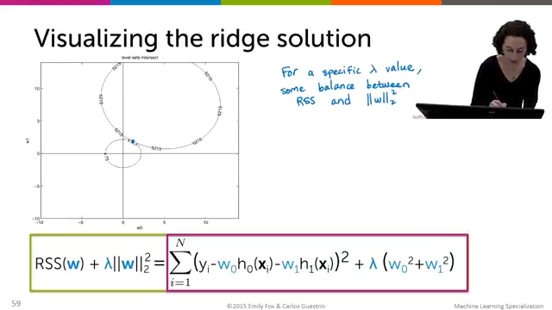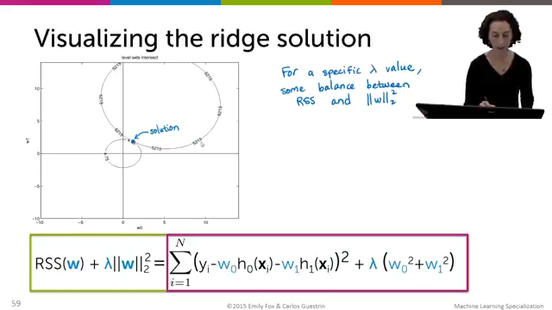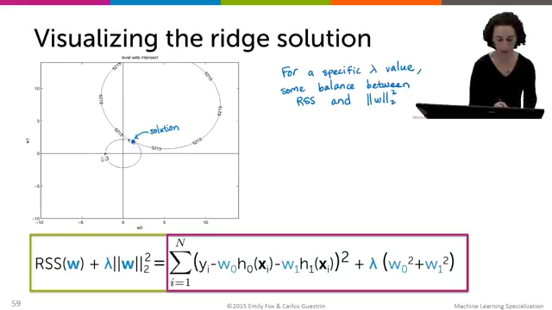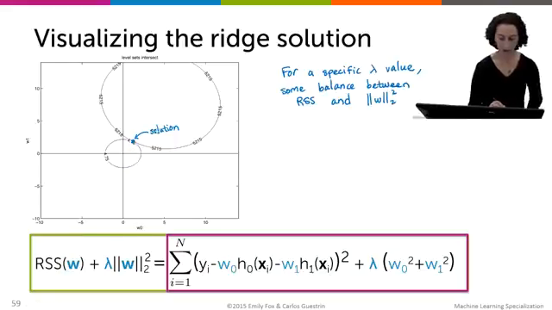And specifically in this plot, this is our solution. It has some RSS that happens to be 5,215. That's what the number on this contour is indicating. And it has some 2 norm, which has value 4.75. And so this lambda has chosen this specific trade-off, and we see that our solution is somewhere here, which is shrunk from where our least square solution was.